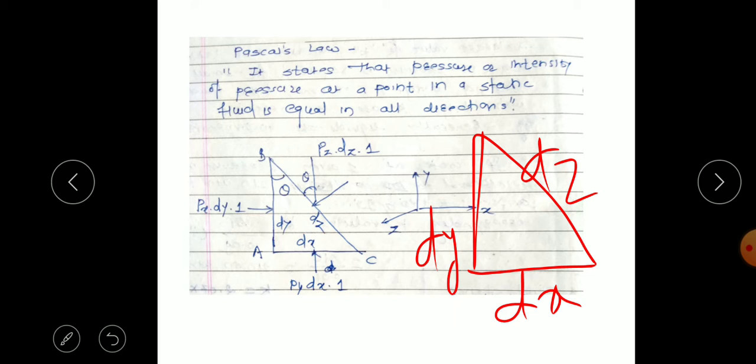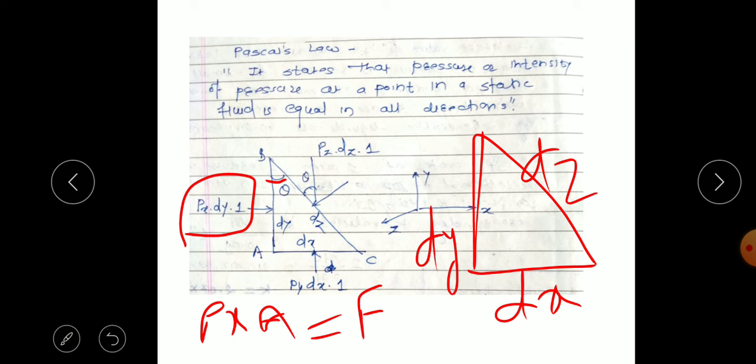Suppose the angle between AB and BC is theta. Px dy is the force, because Px is the pressure and dy into 1 is the area, and pressure into area is nothing but the force. So the force acting on AB is Px dy 1.